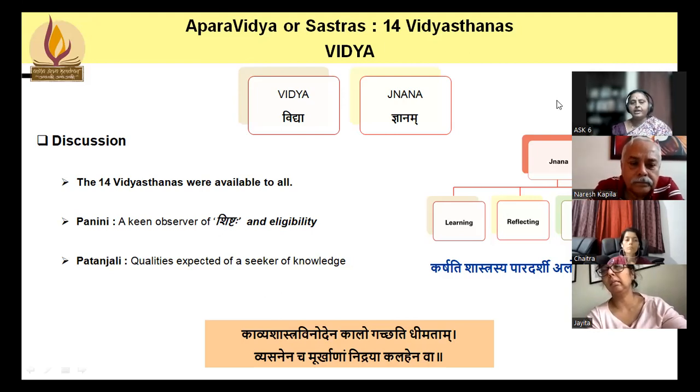And finally, before concluding, we must all enjoy this Subhashita. Kavya Shastra Vinodena Kalo Gacchati Dhimatam, Vyasanena cha Murkhanam Nidraya Kalahenava. Dhimata is Dhira, Pandita. For Panditas, Kavya Shastra itself is Vinoda.